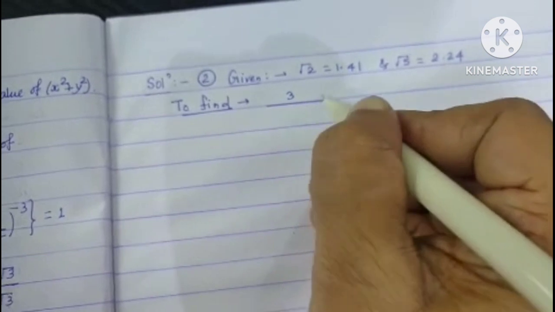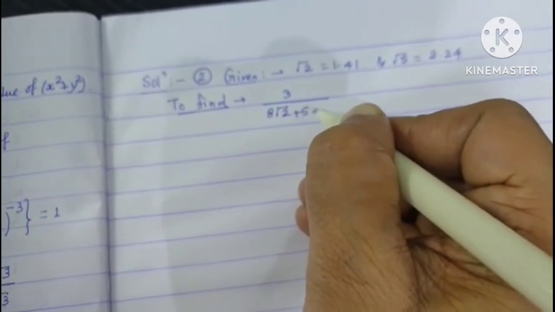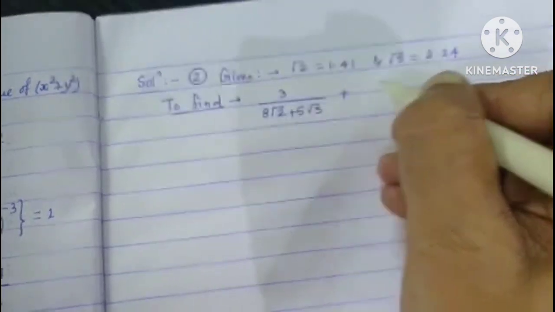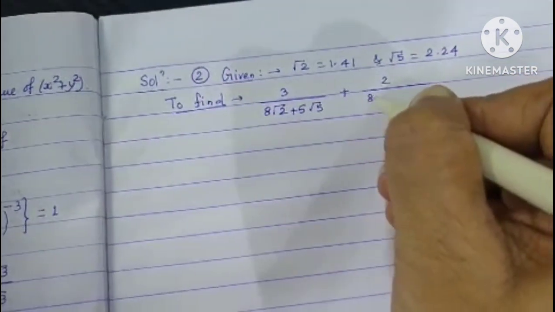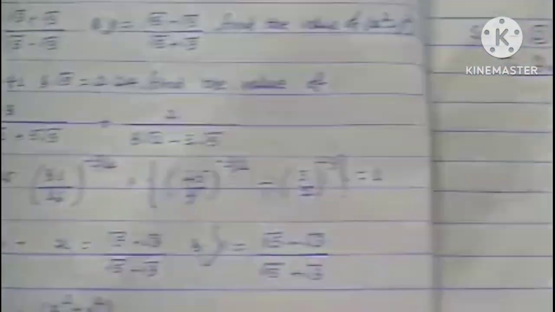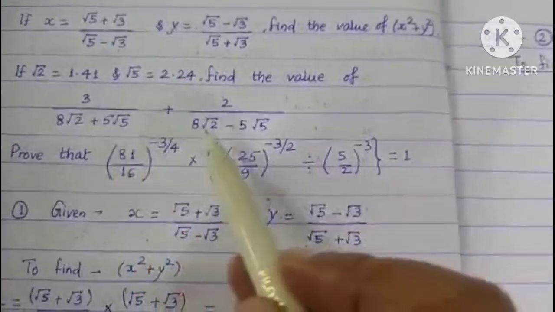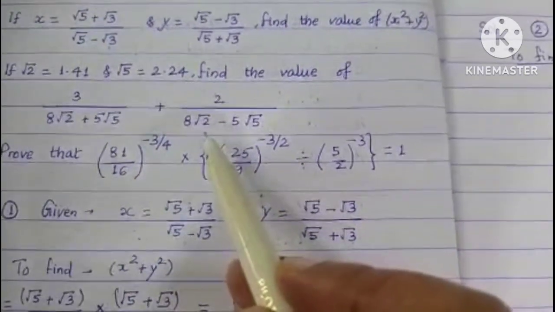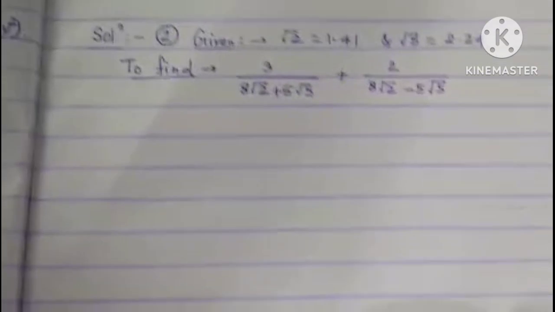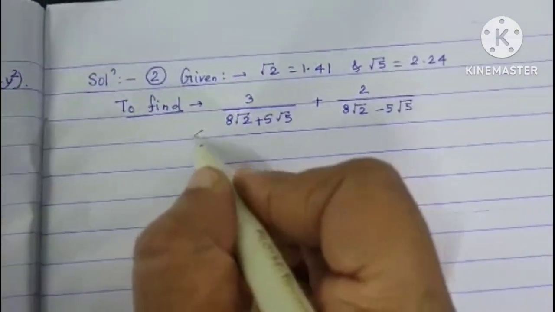3 divided by 8 root 2 plus 5 root 5 plus 2 divided by 8 root 2 minus 5 root 5. So what we can do?